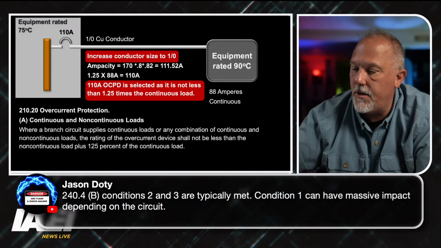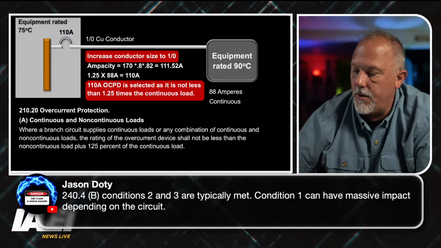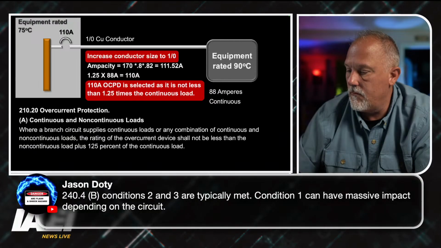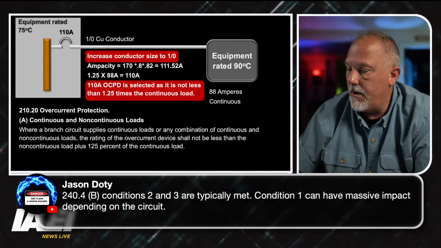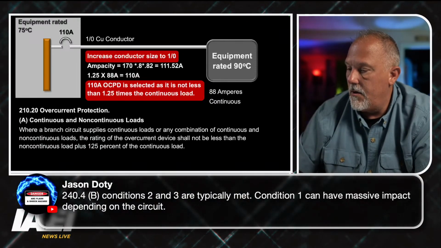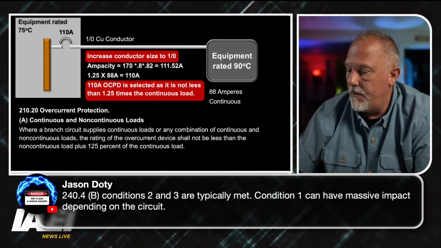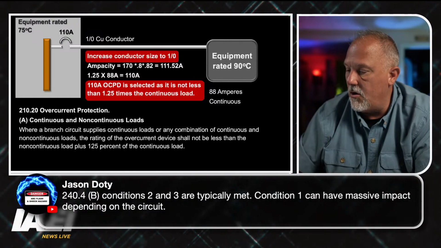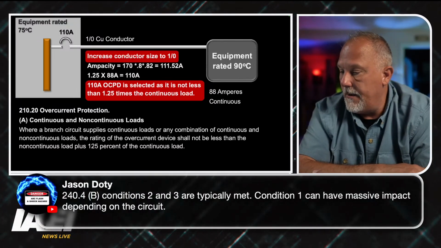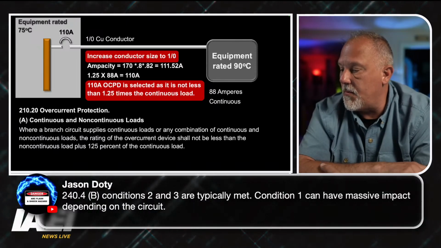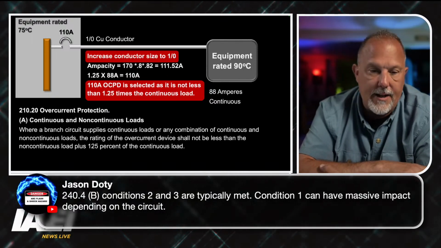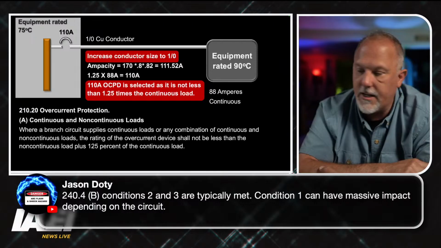I gotta look at 240.4(B). 240 is overcurrent protection. 240.4(B), overcurrent devices rated 800 amps or less. Yeah, conditions 2 and 3. The ampacity of the conductor does not correspond with the standard ampere rating. Yep, and the next higher does not exceed 800 amps. Yep, and you're saying that condition 1 can have a massive impact.